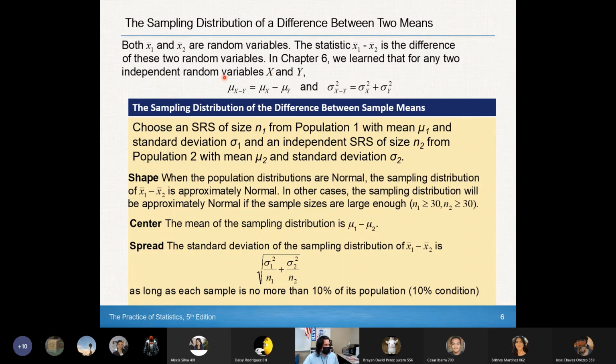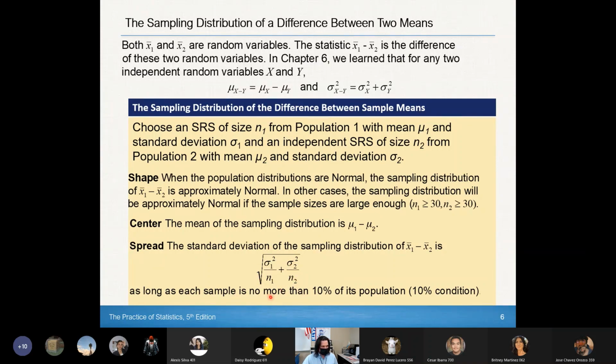And that follows from this result here from chapter 6. And then the spread, the standard deviation of the sampling distribution of x bar 1 minus x bar 2, is the square root of the variance of population 1 divided by the sample size from population 1 plus the variance of population 2 divided by the sample size from population 2.